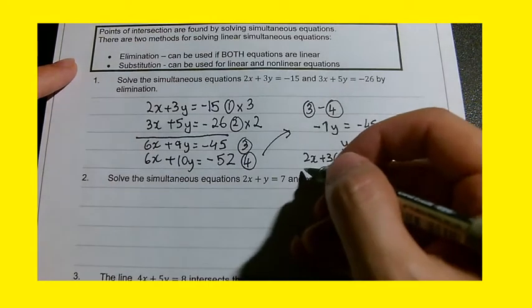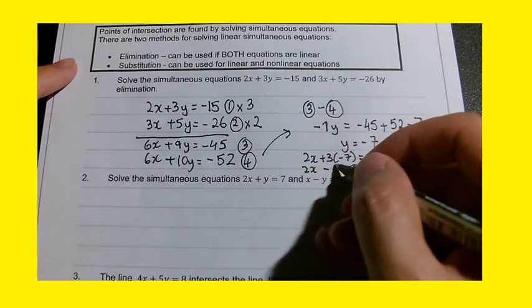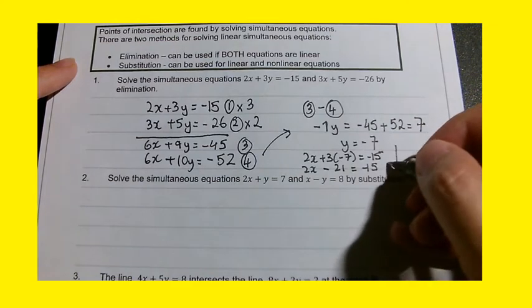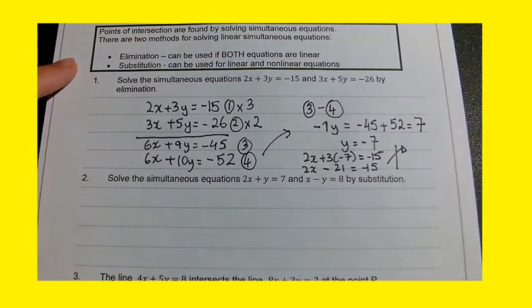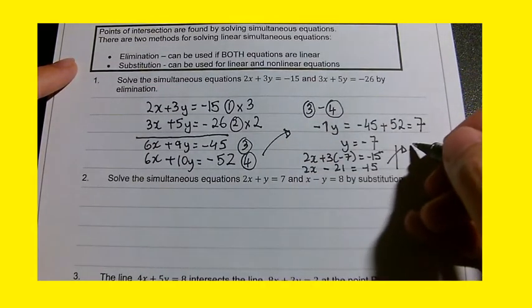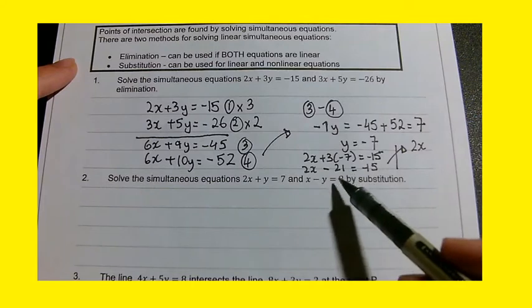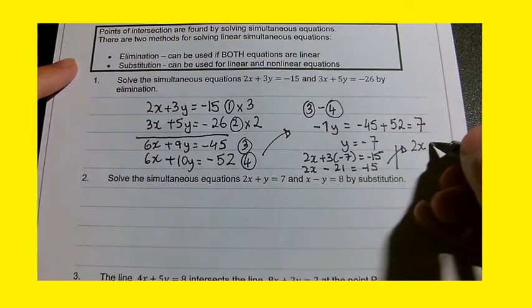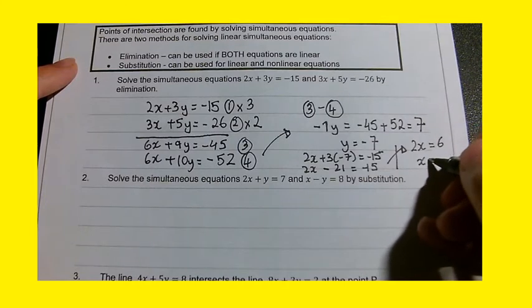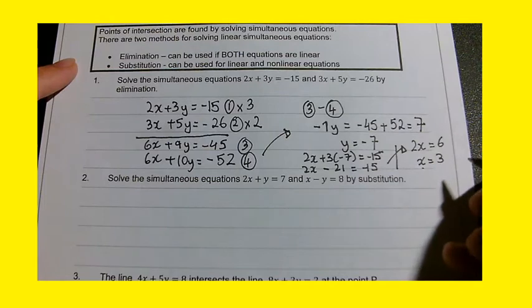Okay, that will give you 2x minus 21 equals minus 15. And when you do that, you get 2x. I don't want the minus 21 there, I'm going to take it onto the other side. So I get 21 minus 15, which is 6, and divide by 2, so I get x equals 3.